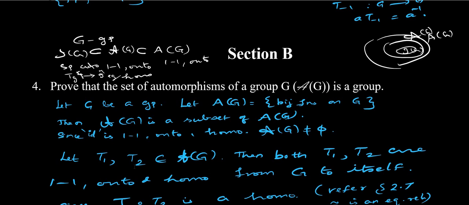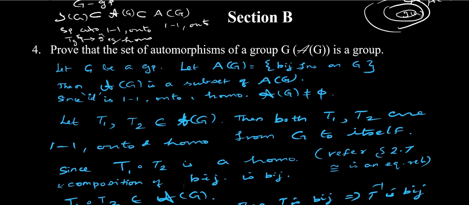Remember, this T1 and T2 doesn't play the role of T1 and T2 which we mentioned in the previous problem. This is different. Now both T1 and T2, being members of script A of G, are one-to-one, onto homomorphisms from G to itself.